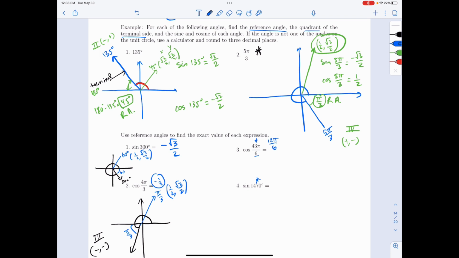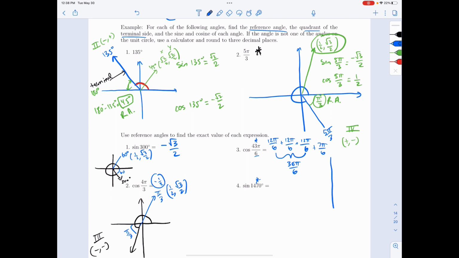So 12 pi over 6 is one time around the unit circle. And I want to keep going until I get as close to 43 as I can without going over. 12 pi over 6, if I have 3 of those, that's 36 pi over 6. And then I have 7 pi over 6 left over.